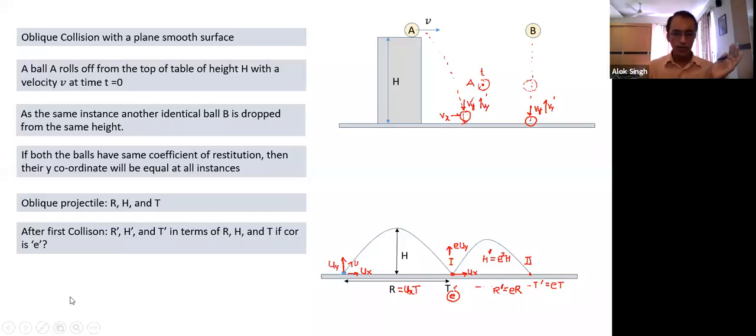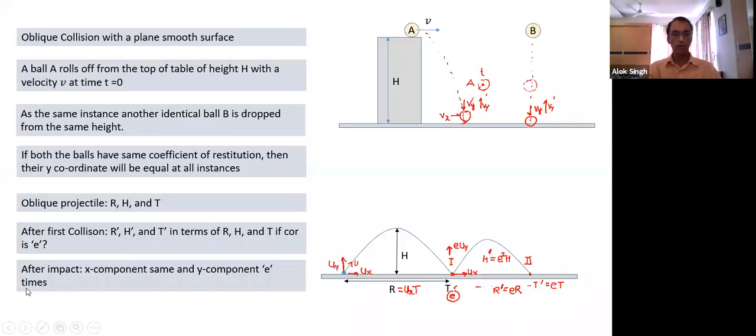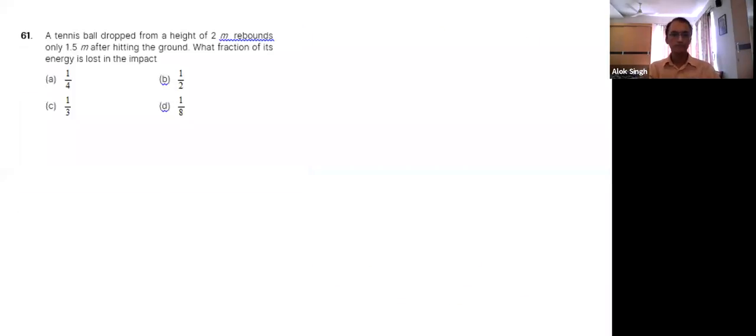After impact, X component is the same, Y component is E times. This is a pretty simple result.